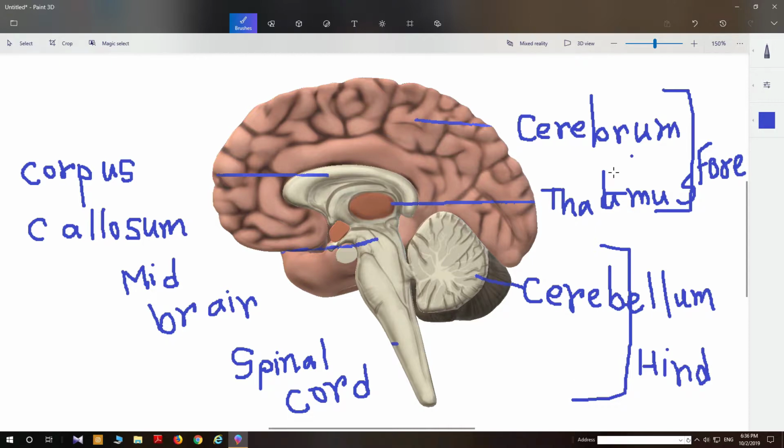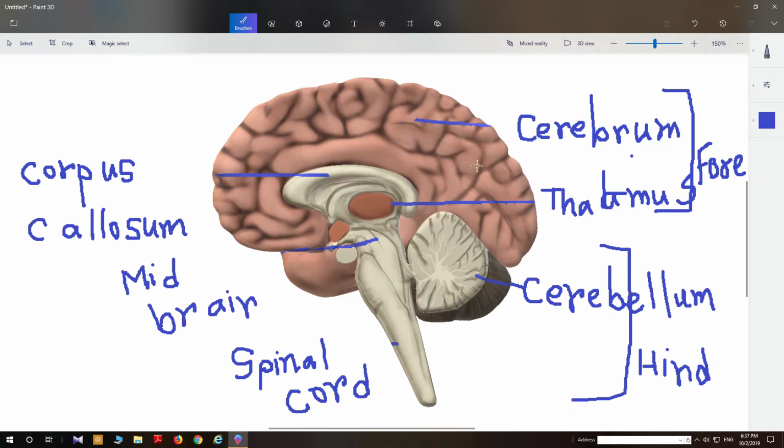So now I'm going to start with the forebrain. This area is the largest part of the brain, the cerebrum. It consists of two completely divided lobes, left and right, separated by a deep furrow.